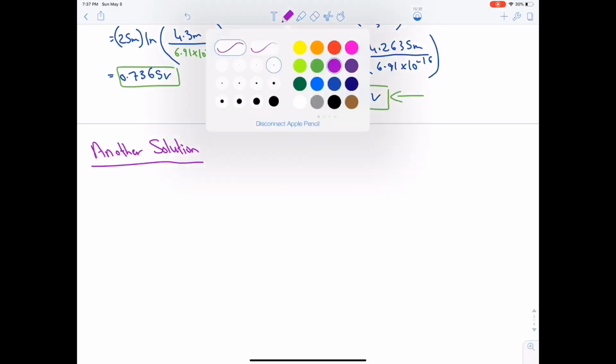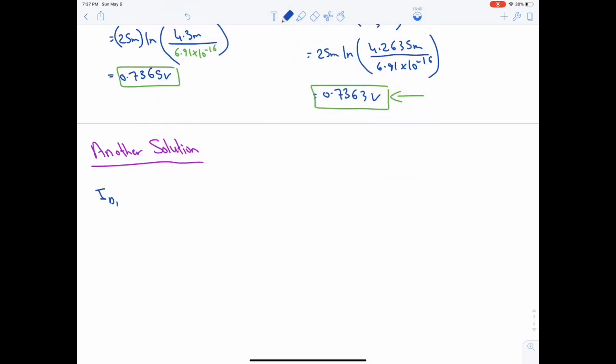Let's begin again with ID1. ID1 is the same. It's VDD minus VD over resistance. VD is the default, so it will be 5 minus 0.7 divided by R, which is 1K. This will give us 4.3 milliampere.